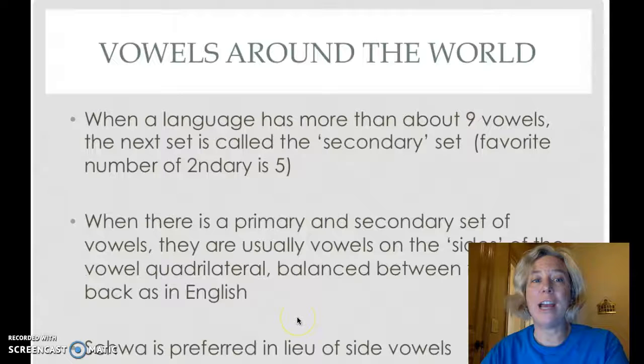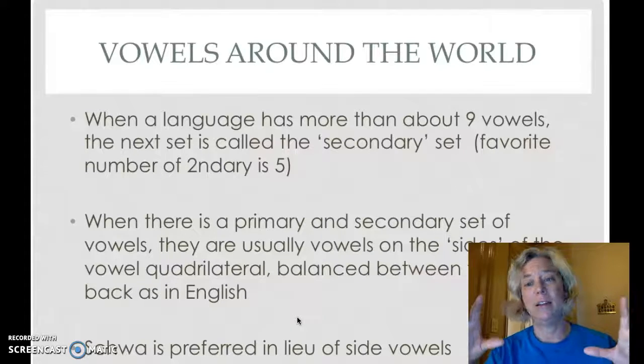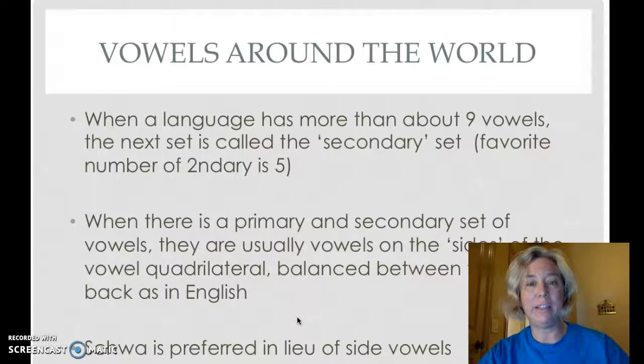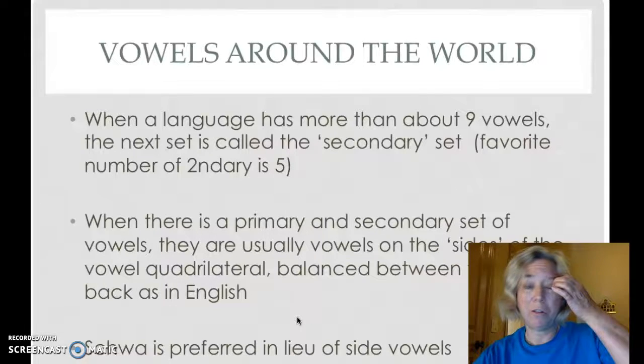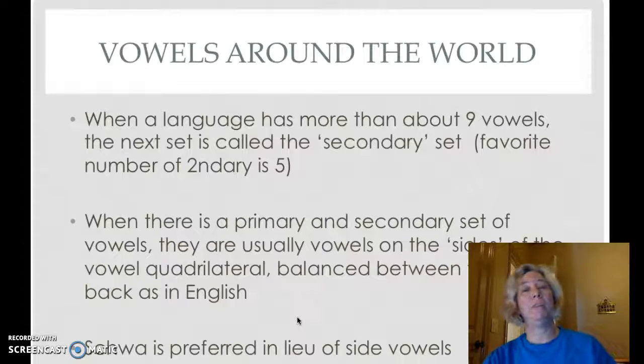If a language has a lot of vowels in it, and the kind of cutoff is if it has more than 9 vowels, the secondary set of vowels is the second group that isn't used as much. If there is a secondary set of vowels after 9 vowels, usually there are only 5 more, so 14 vowels within the language.